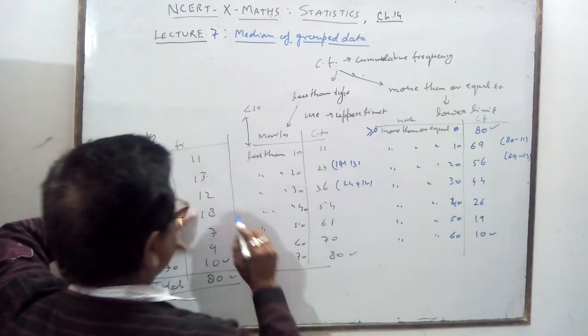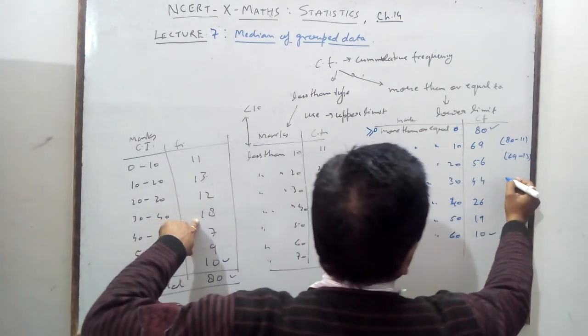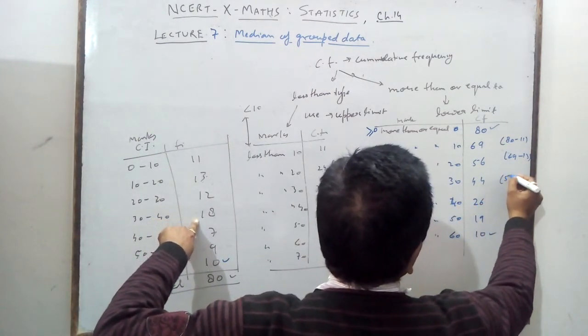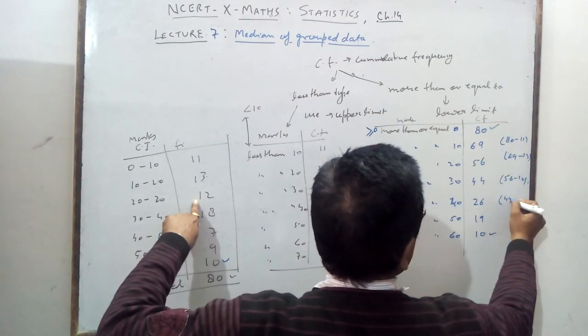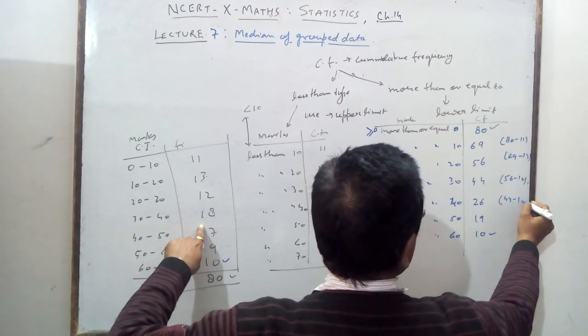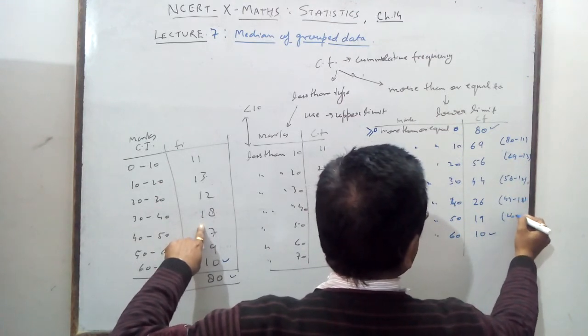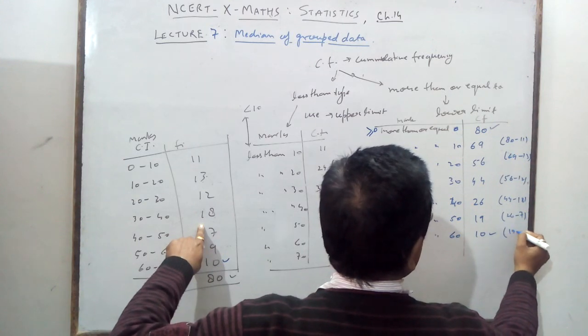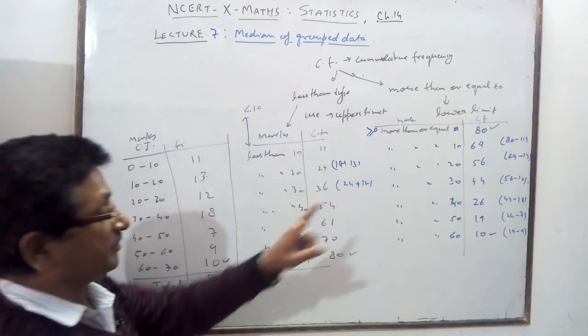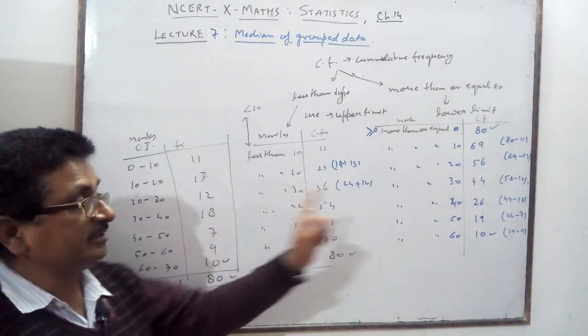Subtract the third, then what is the result? 56 minus 12. Here how are you getting? 44 minus 18. Here how are you getting? 26 minus 7. Here how are you getting? 19 minus 9. So all subtracted. Previous one subtract the current, you get the result.